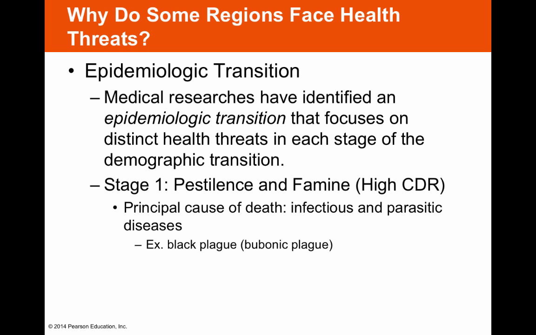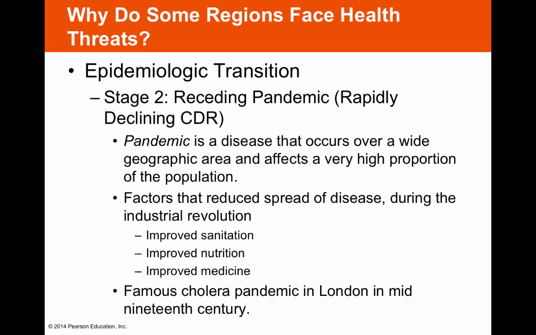We're talking really bad diseases like the Black Plague, which kills half of the population. Then our next stage is a receding pandemic.